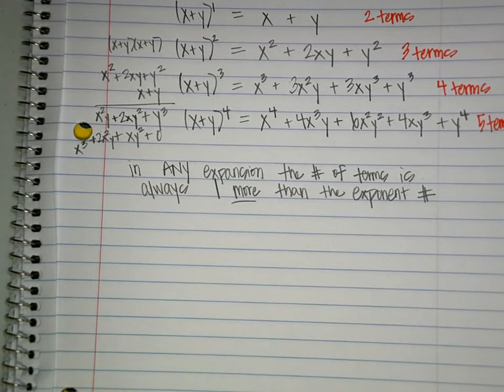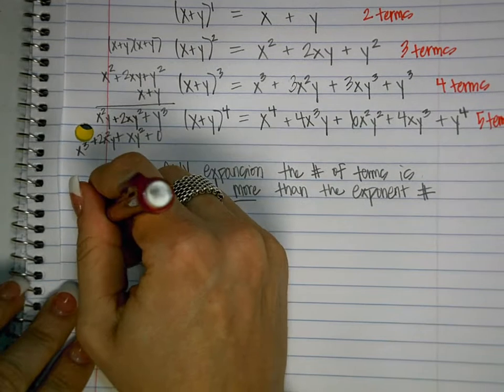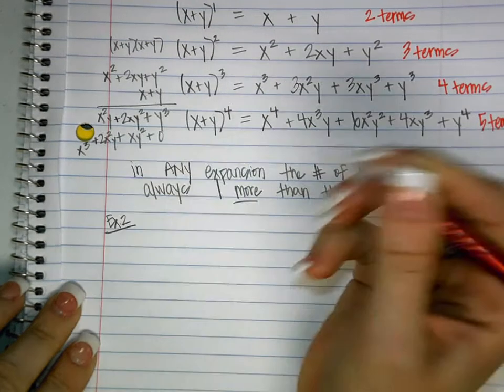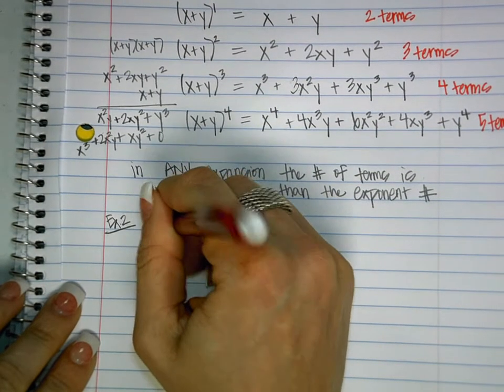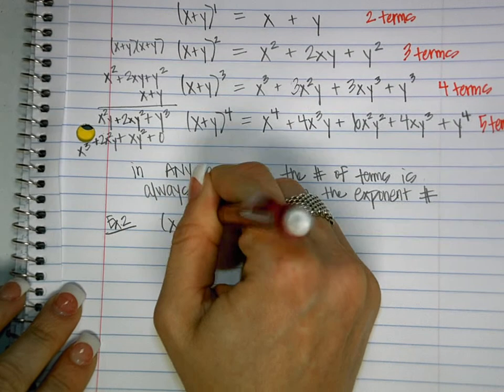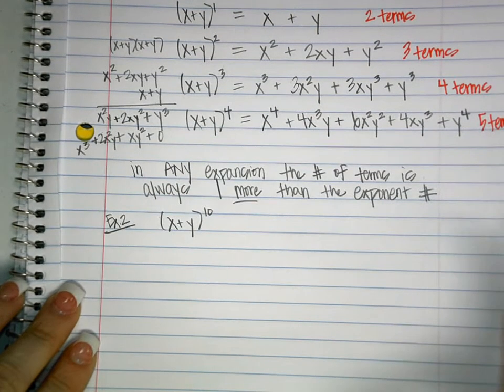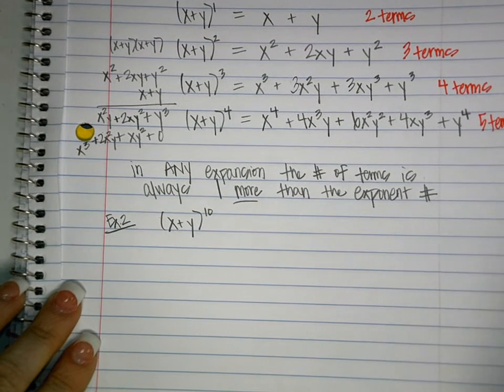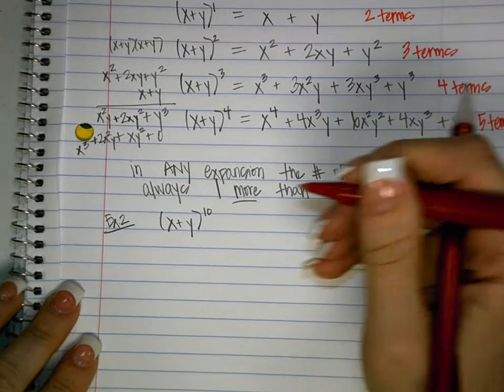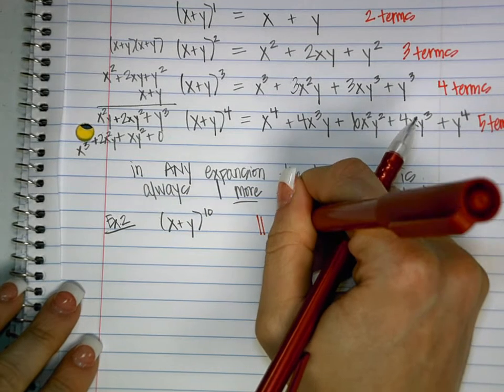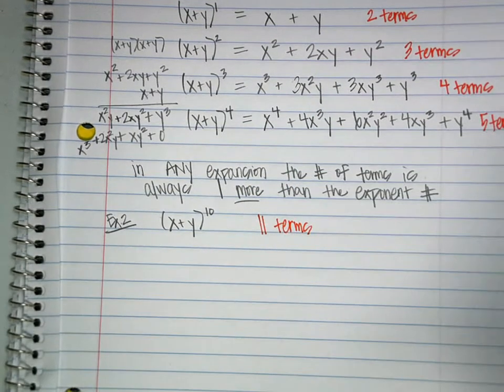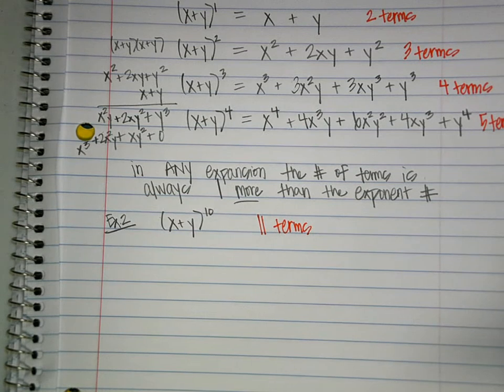So for example, for number 2, if I asked you to write x plus y to the 10th power, how many terms will that have? 11 terms. I do not have to actually fully expand that out to count up the terms. It's just a rule.